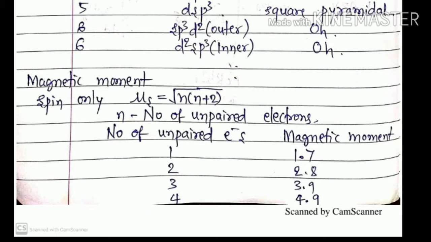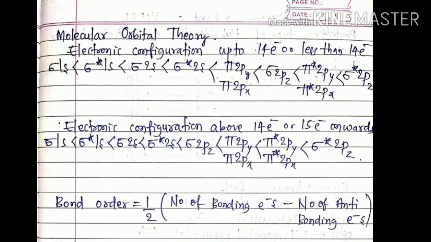If 3, it is 3.9. If 4, it is 4.9. If the number of unpaired electrons is 5, then the magnetic moment is near 5.9.